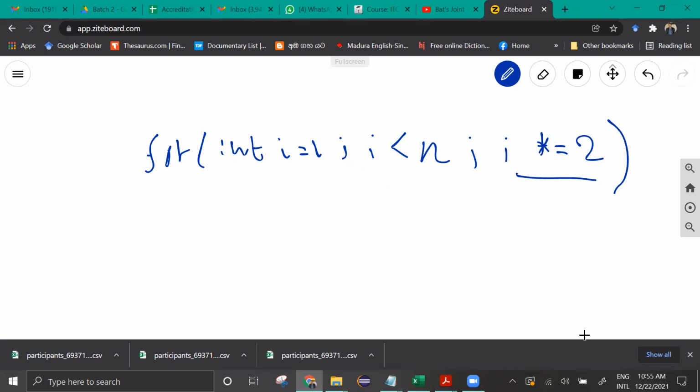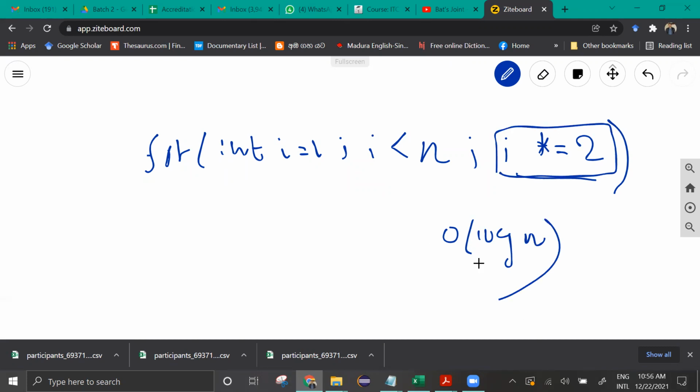Again, this is the same. In this case, it would be big O log n. It is actually the opposite of the previous one. It has log n time complexity.